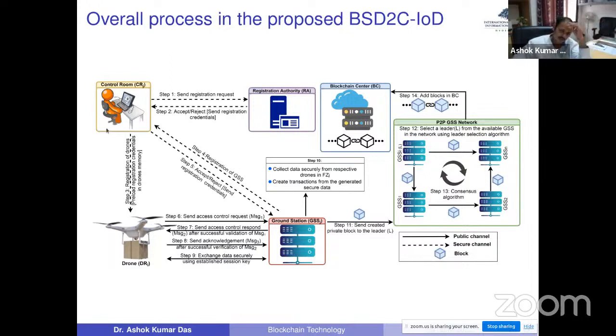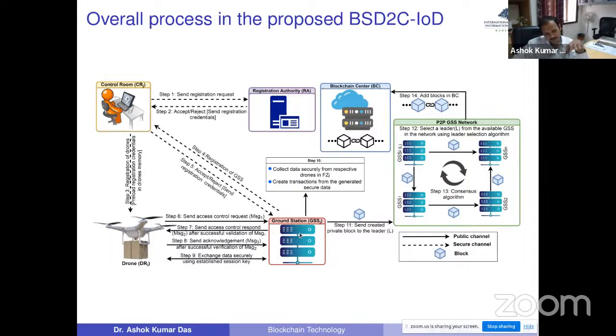Then after that, the control room will create its own elliptic curve private-public key pairs. Once it is done, the GSS downstream servers will send a registration request message to the control room. The control room will again accept or deny, and based on that, it will send the registration credentials. Then the downstream server will generate its elliptic curve private-public key pairs also.